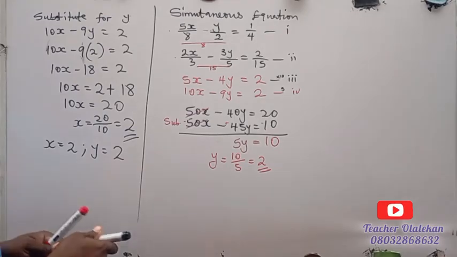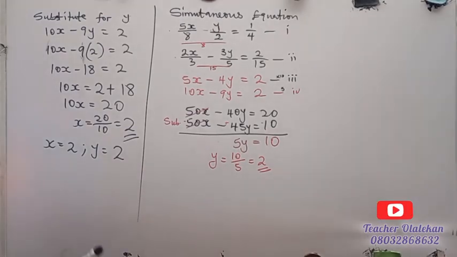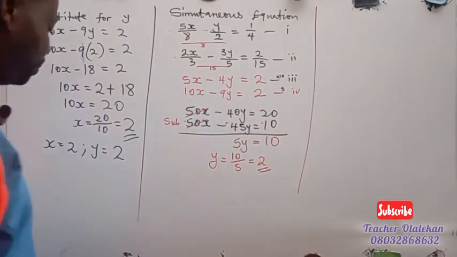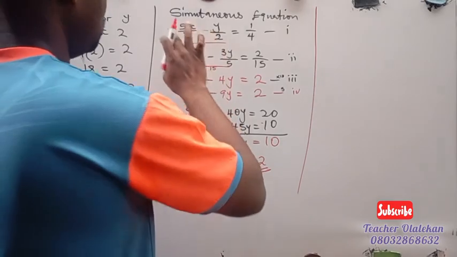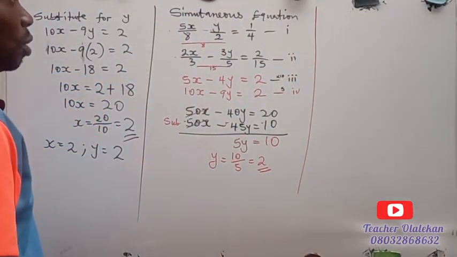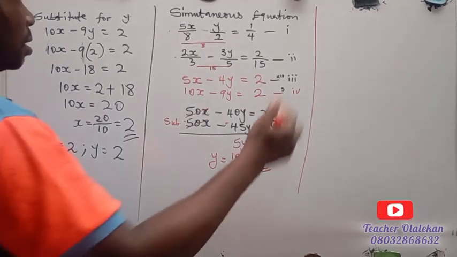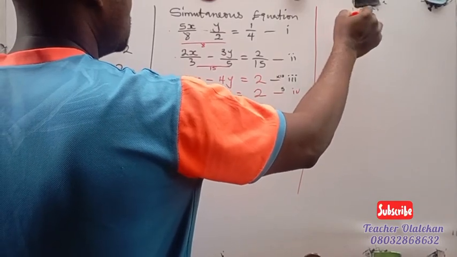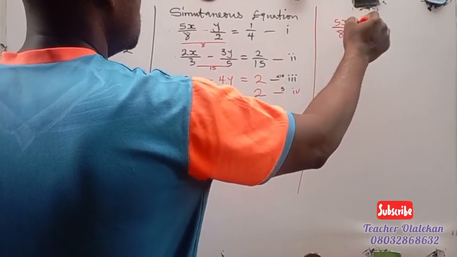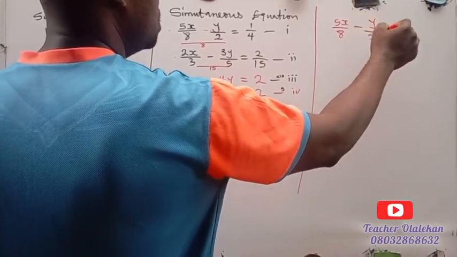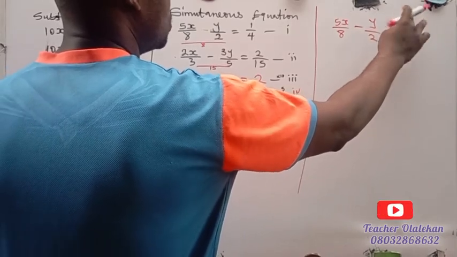Now let's check if the answer is correct or wrong. You can check using equation 1 or any of the equations that has been derived. Once you use that, you get your correct answer. Let's use equation 1. Equation 1 says 5x divided by 8 minus y over 2 is equal to 1 over 4.